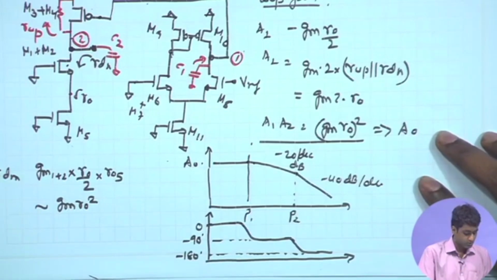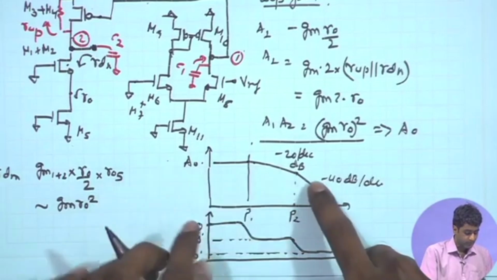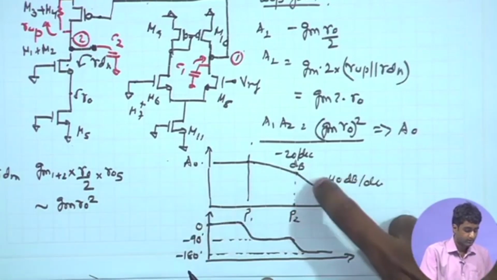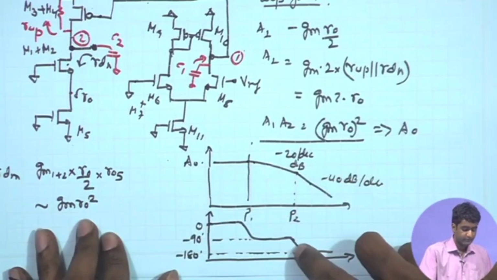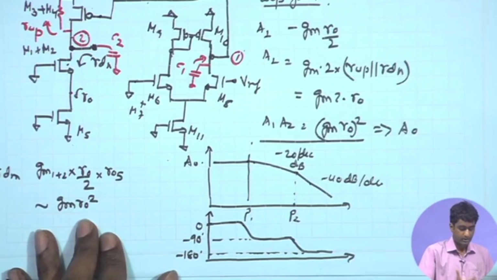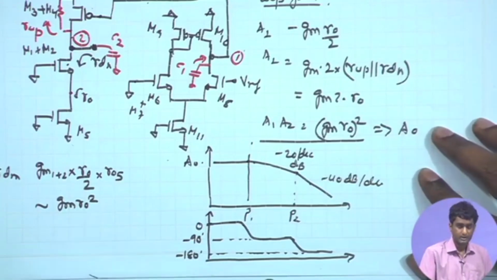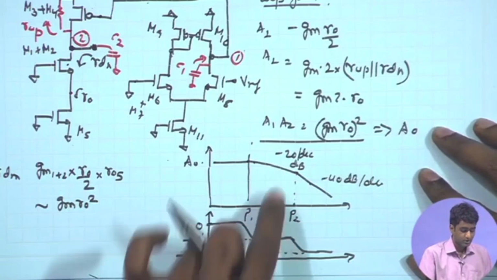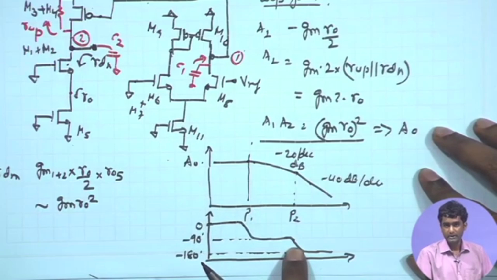So, we would like to make sure that at the 0 dB crossing frequency, that is the frequency at which the gain drops to unity, the phase is sufficiently positive, sufficiently higher than minus 180 degree. And in strict sense, if we want to achieve a phase margin of exactly 45 degree, we need to make sure that at the frequency at which the 0 dB gain occurs, the phase is exactly 135 degree.